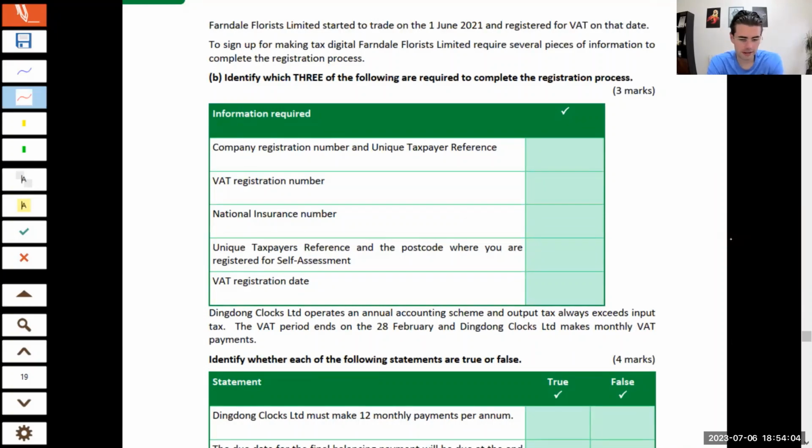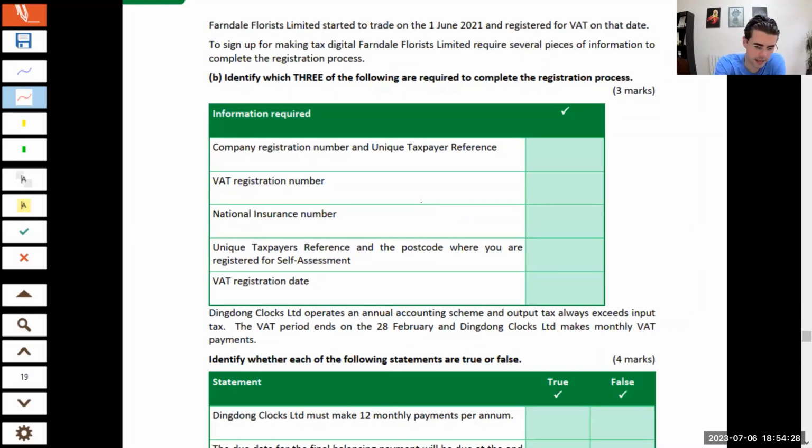Farndale Florists Limited started to trade on the 1st of June 21 and registered for VAT on that date. To sign up for Making Tax Digital, Farndale requires several pieces of information to complete the registration process. It says which 3 of the following are required to complete the process.